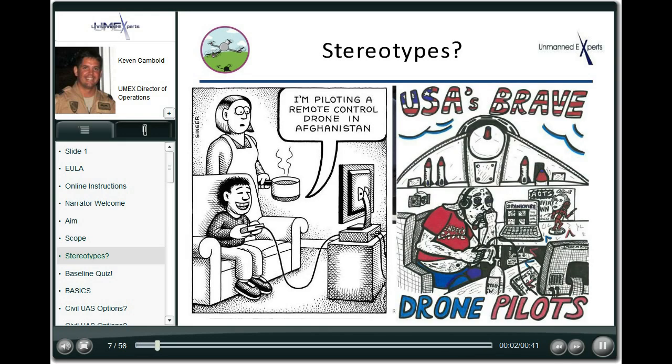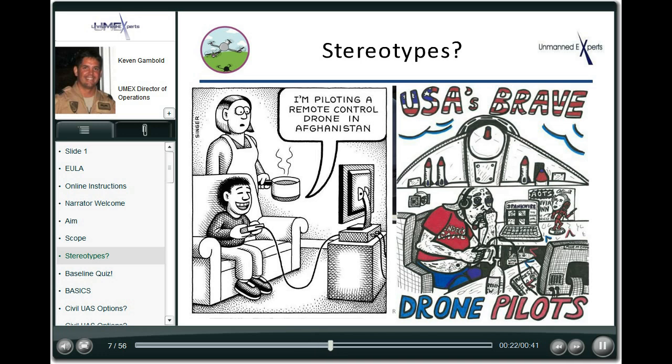So what do we really think of these unmanned aircraft or drones? These cartoons you can see here are very recent, and they epitomize the widely held stereotypes of what UAVs are up to these days. I'd like to say they're entirely untrue, but there are elements of them that are correct.